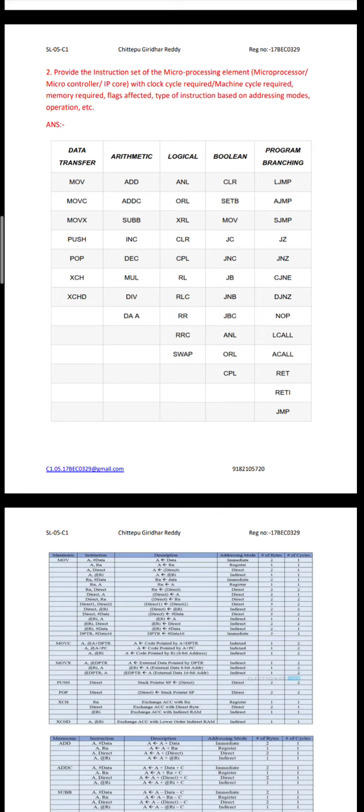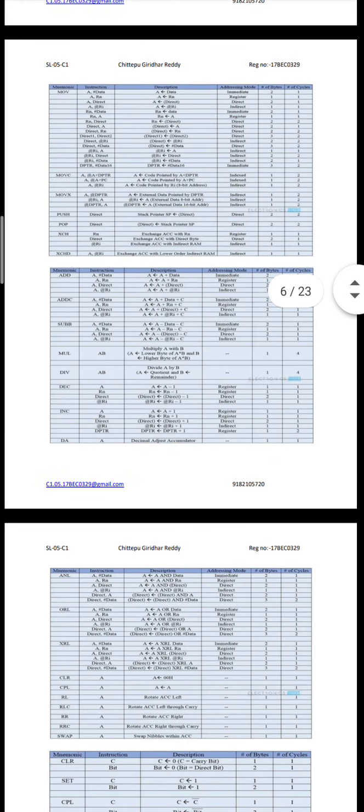For arithmetic we have ADD, MUL, DIV, DEC, which is decrement, and so on. We also have similar groups for logical, Boolean, and program branching. There are tabular columns which have the instruction and its description, the respective addressing modes of that instruction, and the number of bytes and number of cycles.